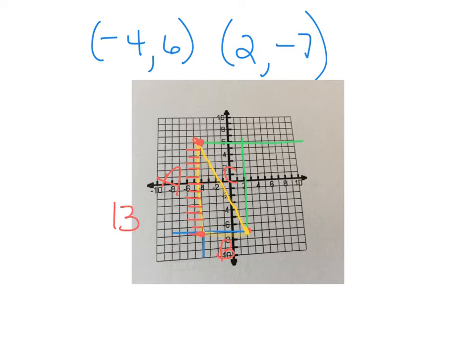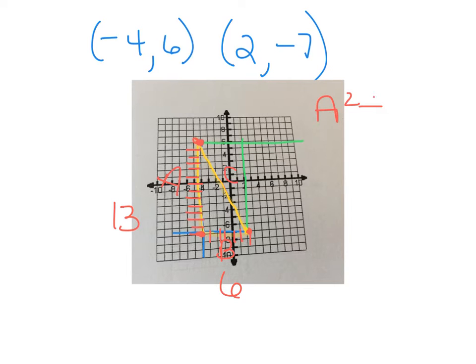So A is 13. Okay, we're ready to count B. So I'm going to go from here to here. So that's 1, 2, 3, 4, 5, 6. So B is 6.